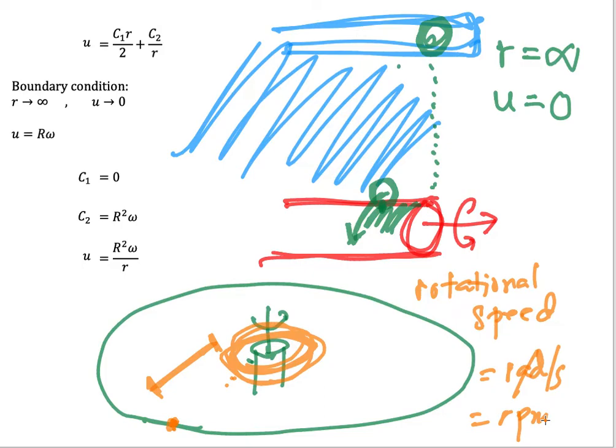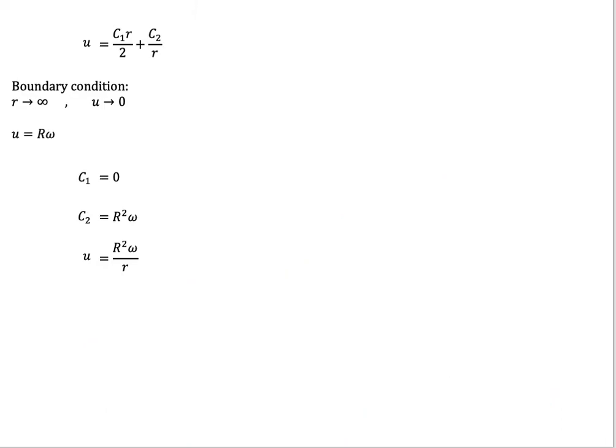However, in our first derivation of the equation, we are using U, whose unit is meter per second, which is the linear velocity. So you need to change the linear velocity into the rotational velocity.